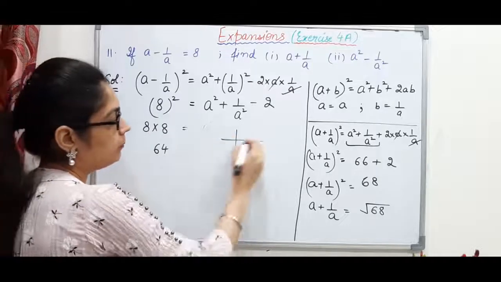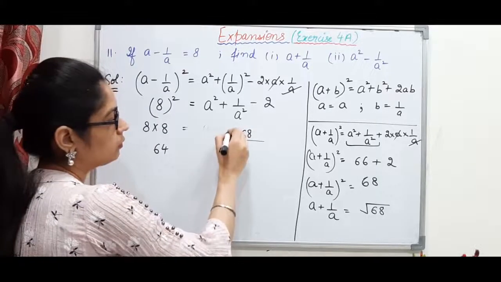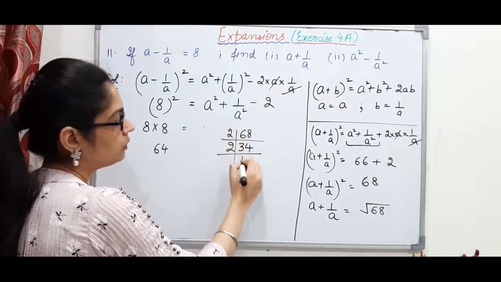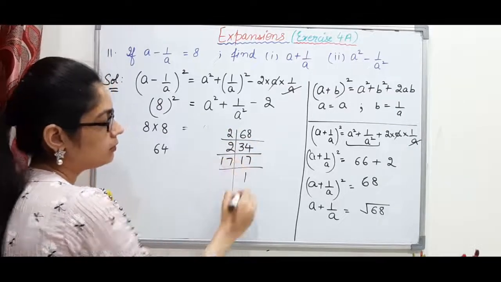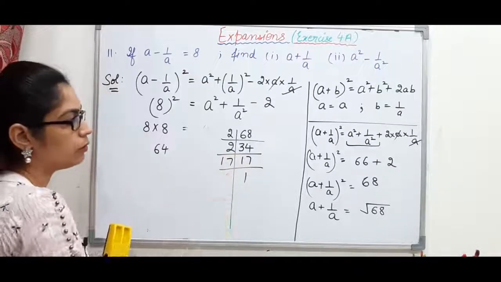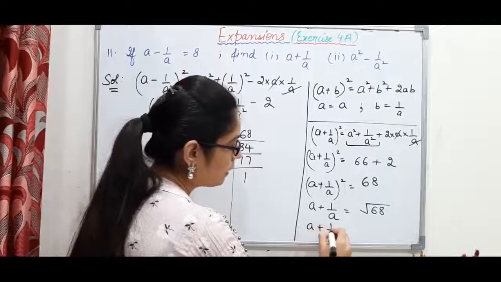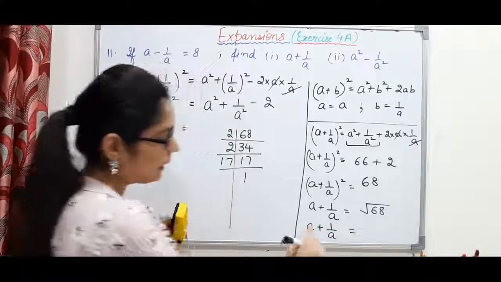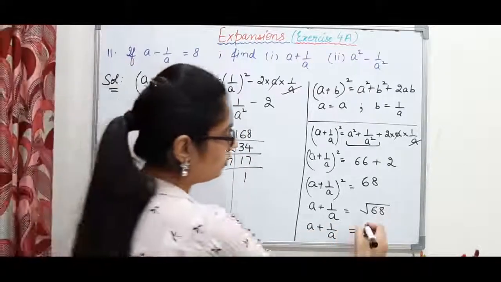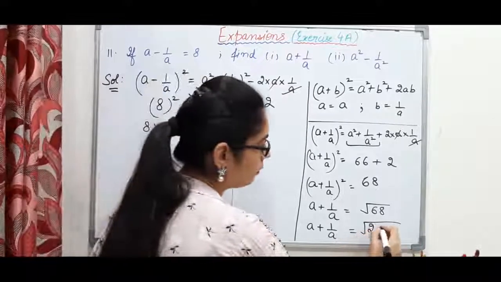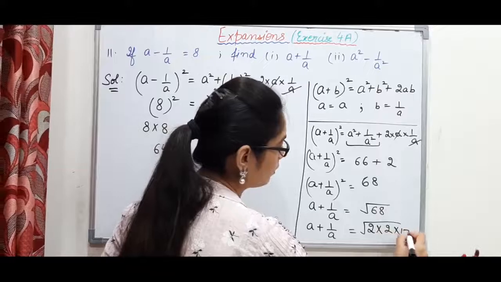I will take the factors. 68 is 2 into 34, 34 is 2 into 17, and 17 is a prime number, so 17 into 1 is 17. So I can write a plus 1 by a is equal to the square root of 2 into 2 into 17.